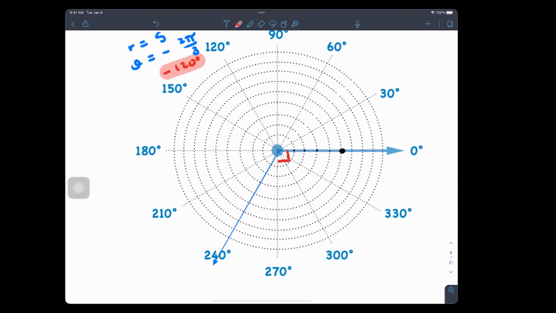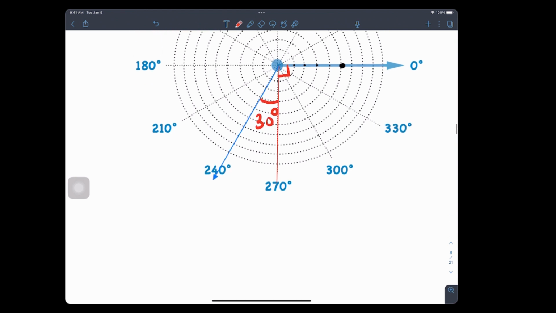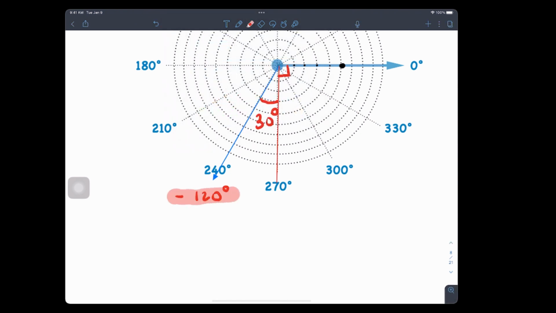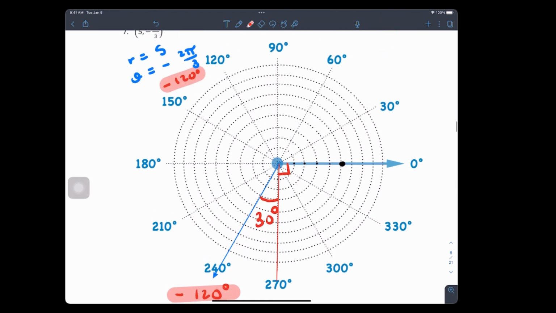This is important. Isn't that a 90 degree angle? But then this is another what? 30 degrees. So what you found is that this is where negative 120 degrees is. So we can have negative angles, ladies and gentlemen. But what was the radius again? Wasn't it 5?